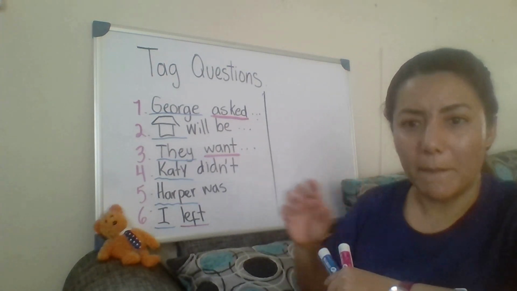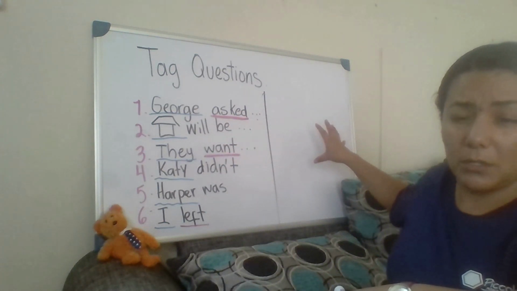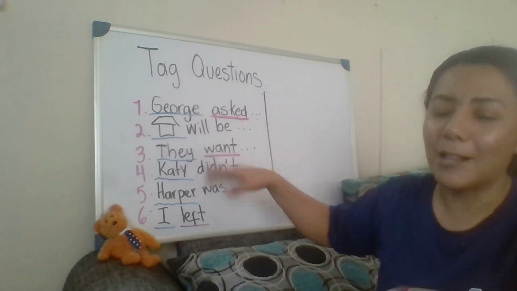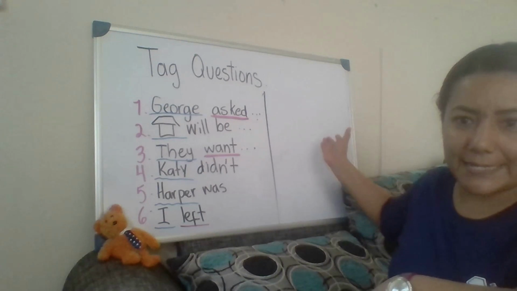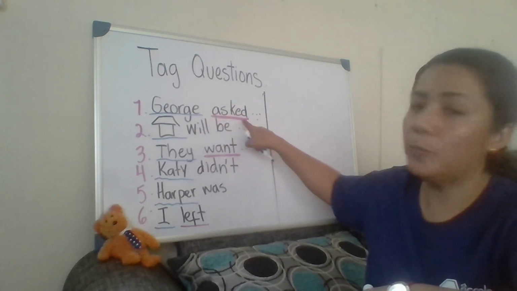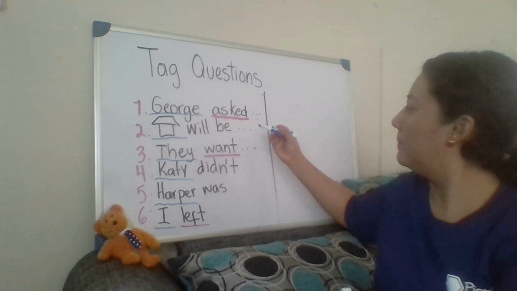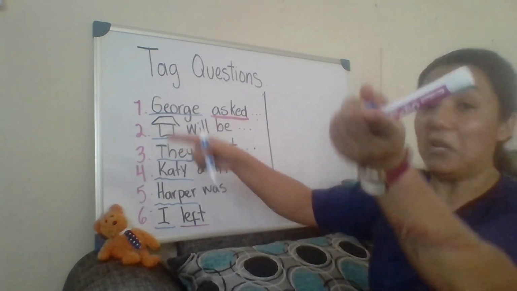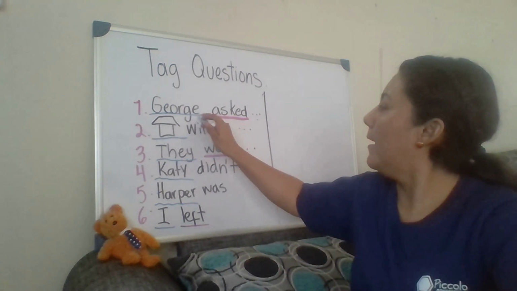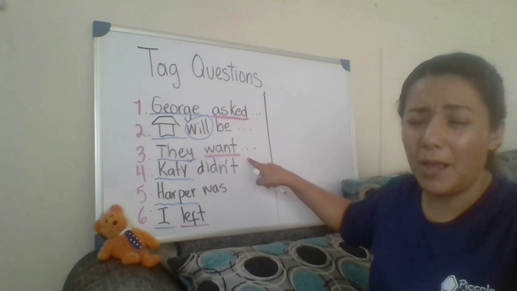Now, remember we mentioned the helping verb stays the same in the tag question. So we need to have a helping verb in order to pass it there. Let's see if we have helping verbs. George, oops, no helping verb. What are we going to do? I underlined in red. Let's go to number 2. Do we have a helping verb? Yeah, it's in future. Number 3. Is there a helping verb?